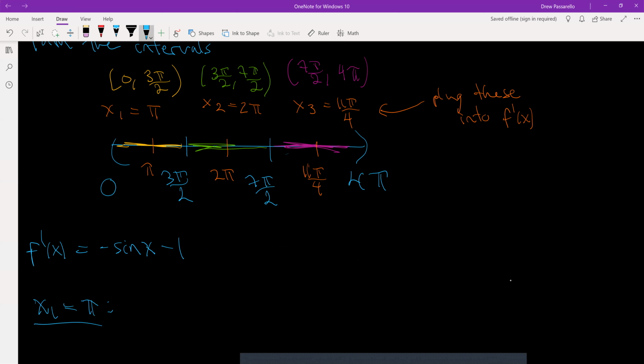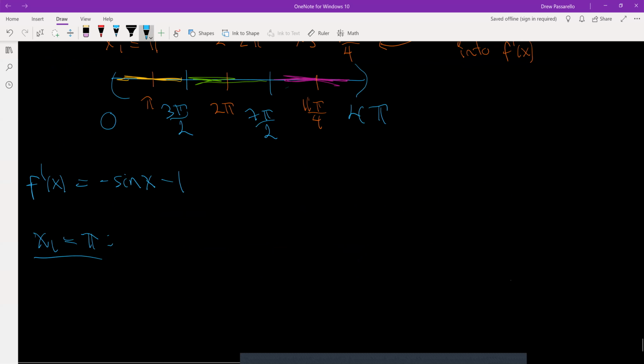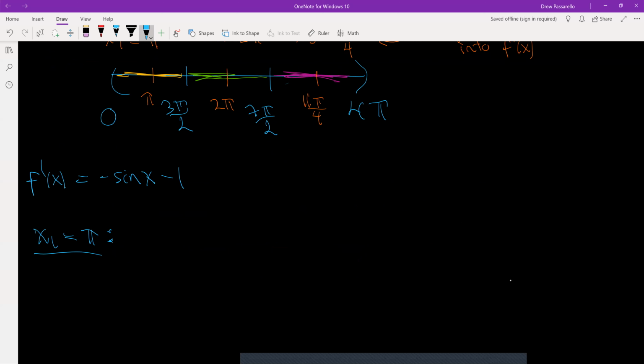That's my test value. So it's going to be negative sine of pi, then minus 1. Well, what is sine at pi? That's going to be 0. So that'll be 0 minus 1. All right, so that's negative 1.